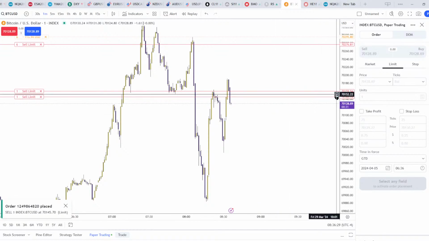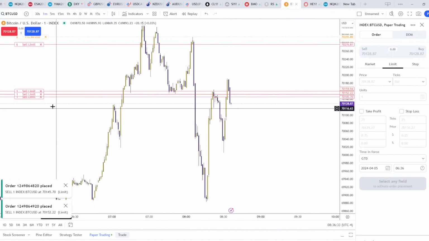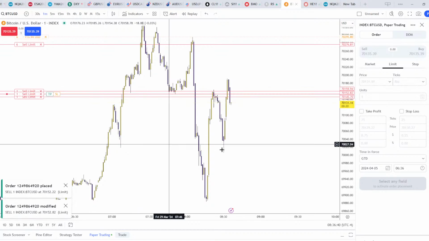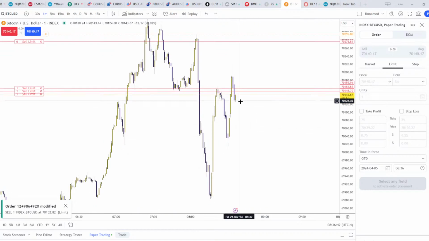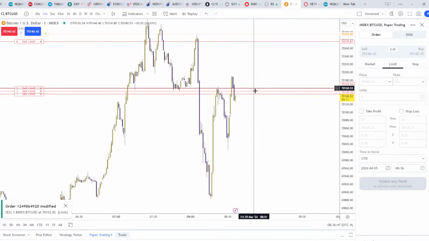We'll do all three levels. And you guys shouldn't be taking these trades. You should be just watching them, because if I'm wrong, some of them are about to get hit. And this is just demo money.